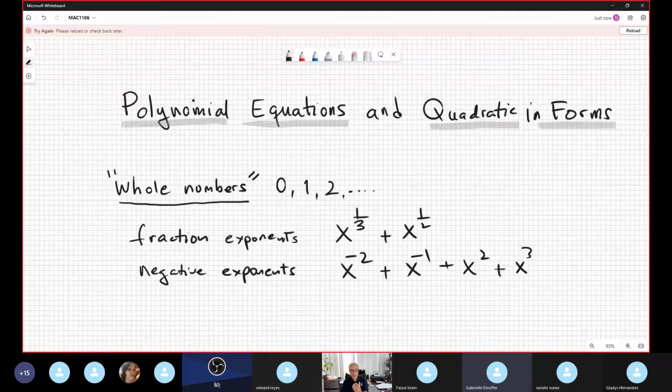The beauty that happens when you have a polynomial is that if the degree of the polynomial is 3, for example, and by the way, the degree is the highest exponent in the equation, you have 3 solutions.